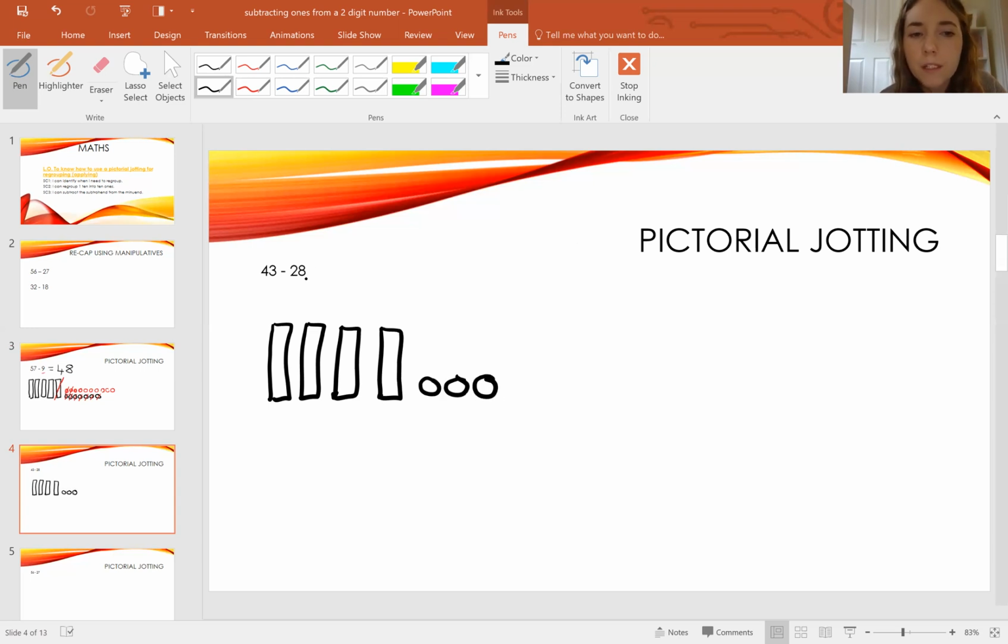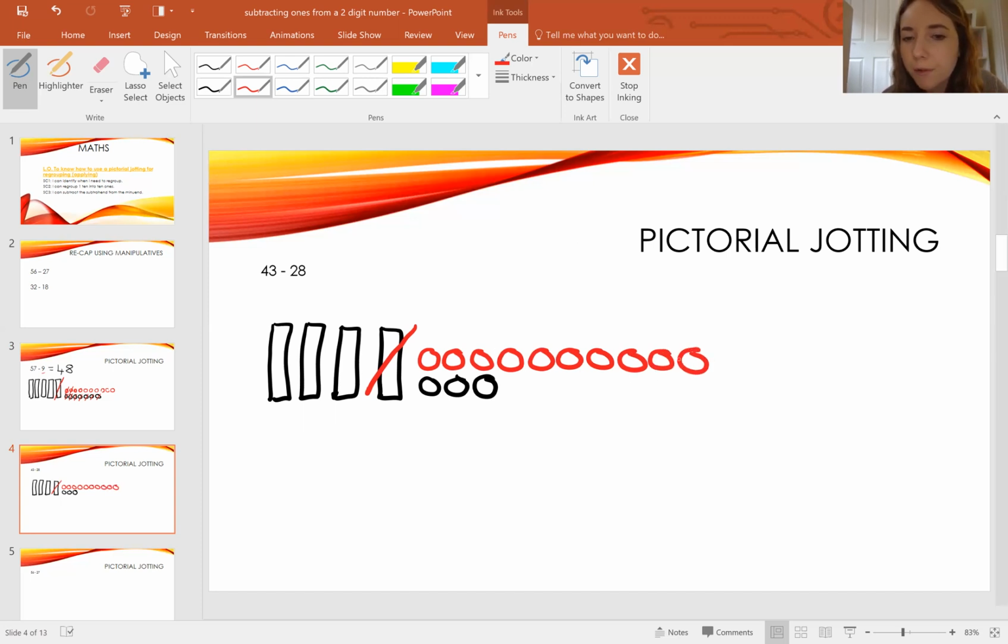Okay, we're going to start by subtracting our ones first. 8, let's take away 8. Can we do that? No, we need to regroup. So we're going to start by regrouping. We're going to swap that 1 ten for 10 ones. 1, 2, 3, 4, 5, 6, 7, 8, 9, 10.